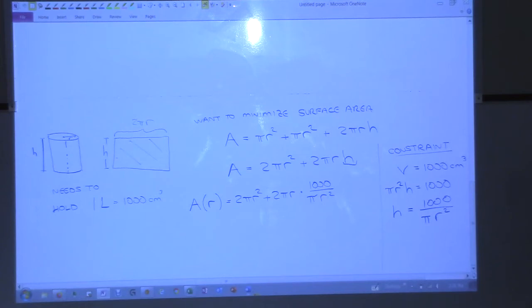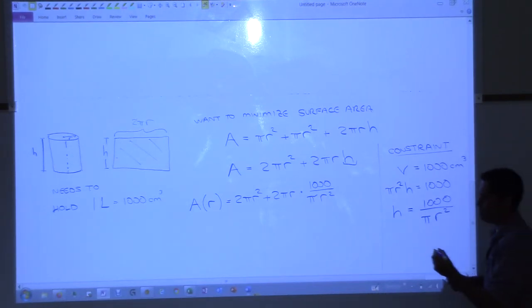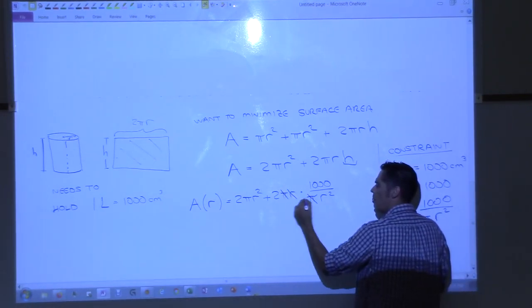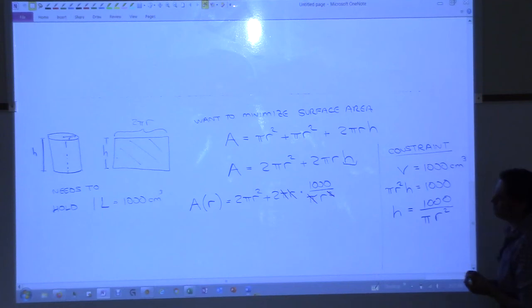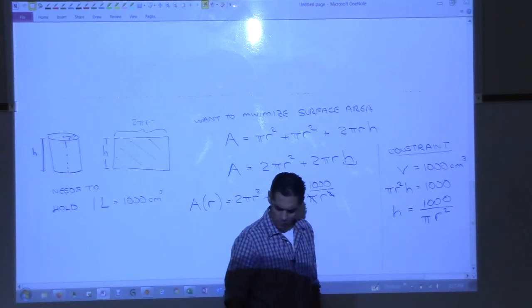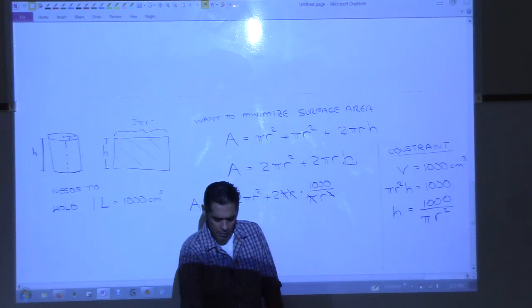We're going to start to get some things to cancel, so this is actually going to work out to be somewhat nice. This pi, that r, and one of those r's. There we go.